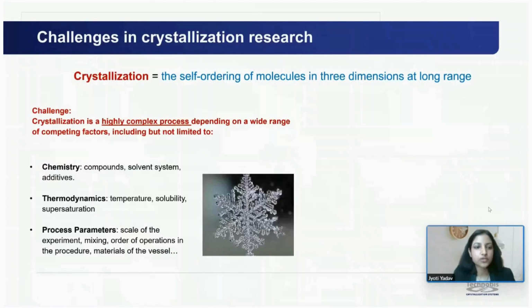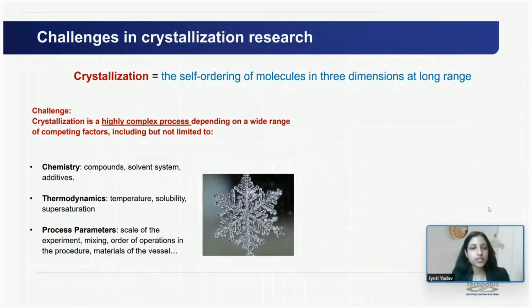Now coming to the topic, why do we need small-scale analysis in crystallization? First, we define crystallization. As we all know, crystallization is a separation and purification step used across various industries such as pharmaceuticals, chemical, food processing, etc. Although in simple words crystallization is defined as the ordering of molecules in a structured form, it is a highly complex process because different factors influence the crystallization and the final product quality.